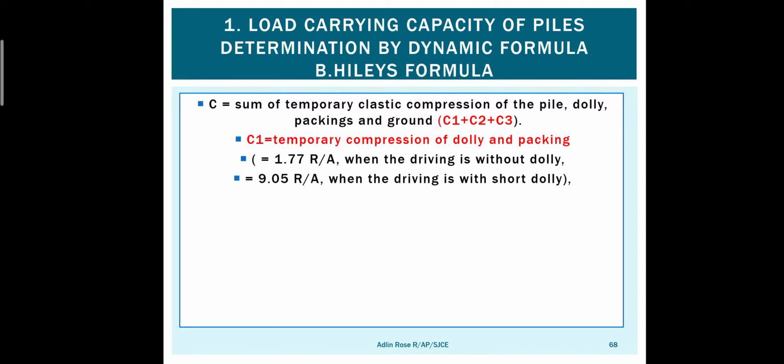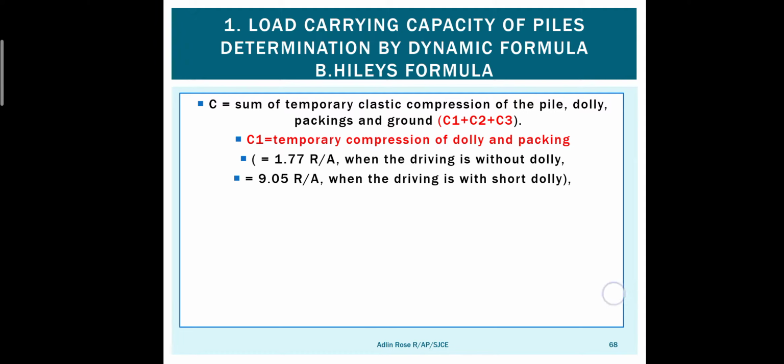If without the dolly, we use the formula C1 is equal to 1.77 R by A. With the dolly, we use the formula 9.05 R by A. Then C2, it is due to the compression of the pile while driving, and it is given by the formula 0.675 RD by A. I'll tell what R is.